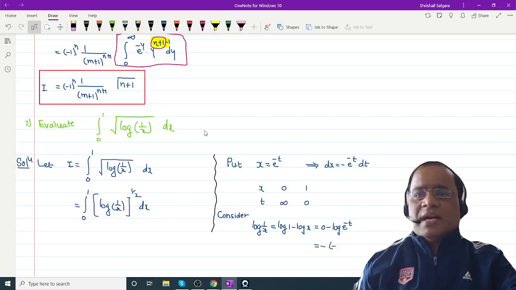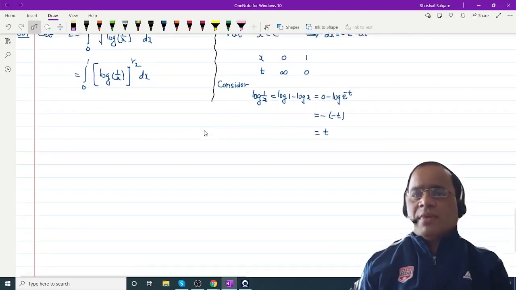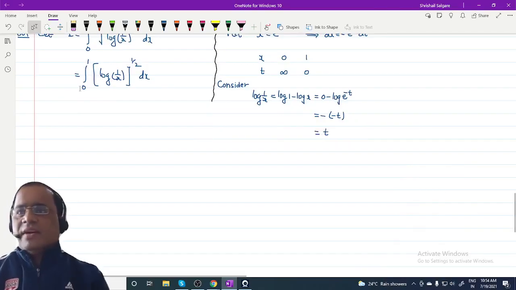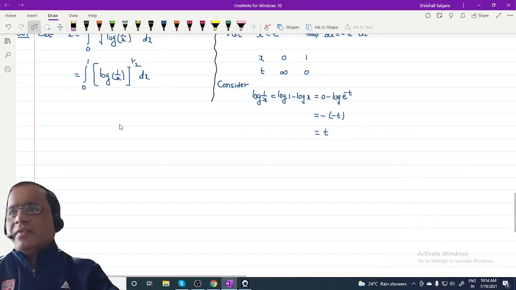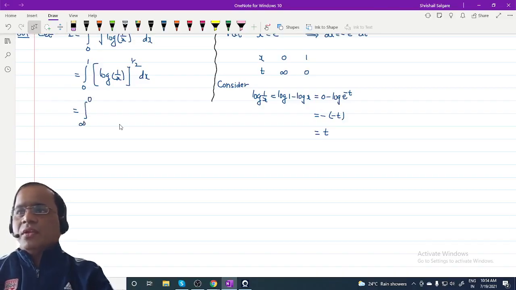It comes as minus of minus t, and it comes as t only. So log of 1 by x comes as t only. So further I will write the new limits from infinity to 0. This whole bracket is simplified as t only.